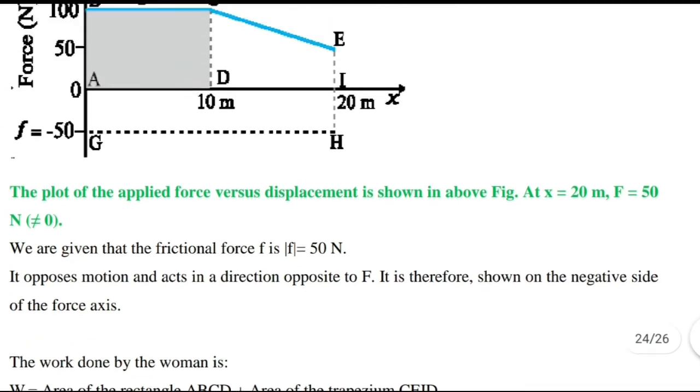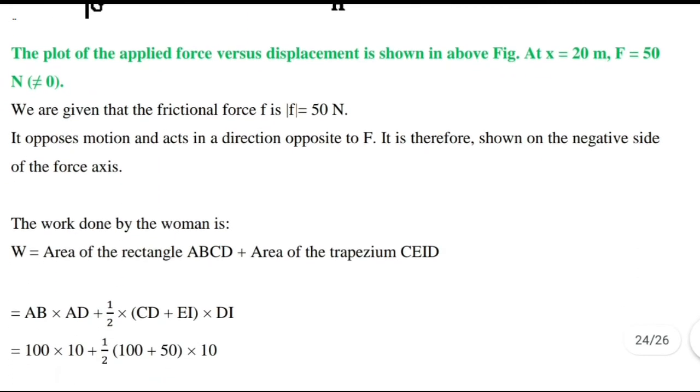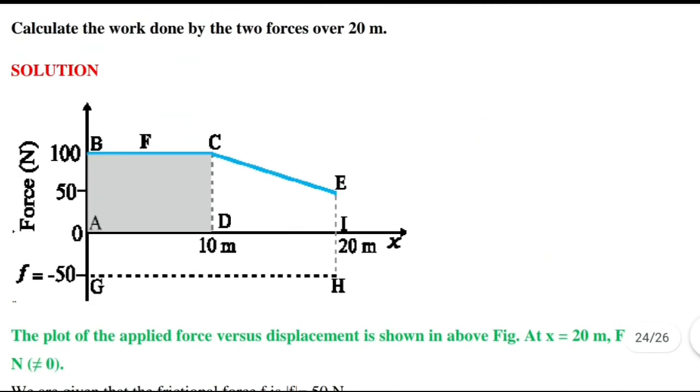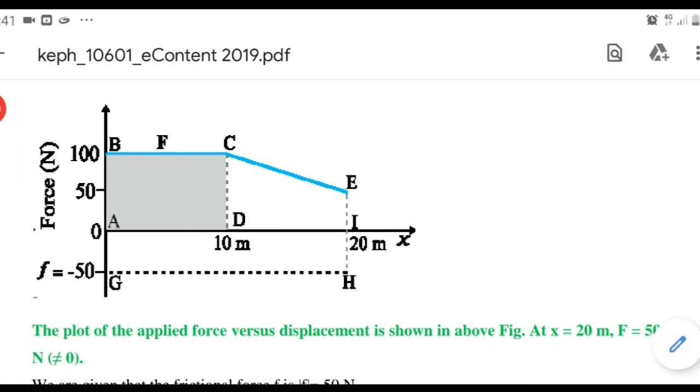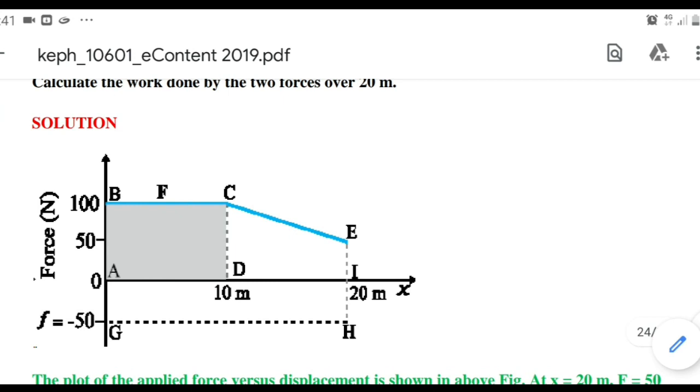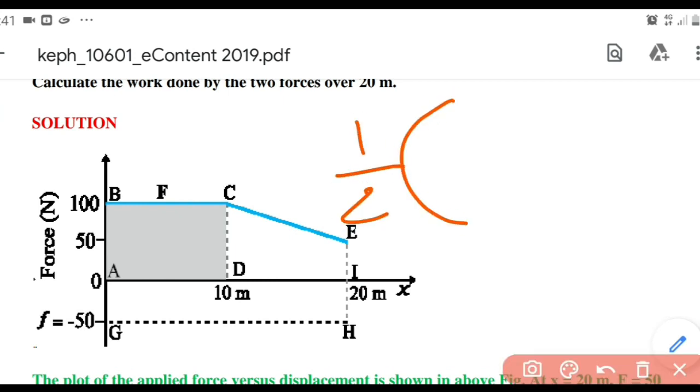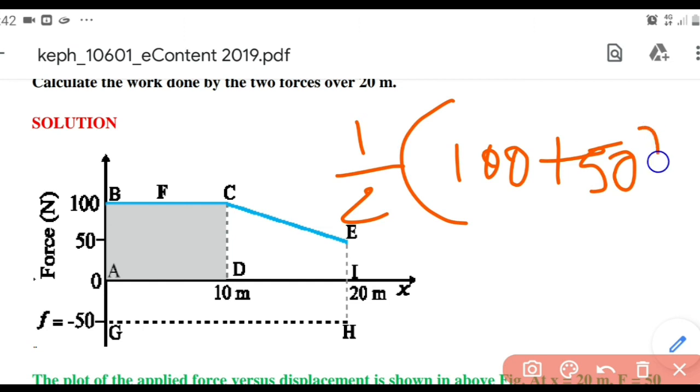The values are: this is 100 into 10, that is 1000. For the trapezium, it is half into the parallel sides, 100 plus 50, into the perpendicular distance between those parallel sides, which is 20 minus 10, that is 10.